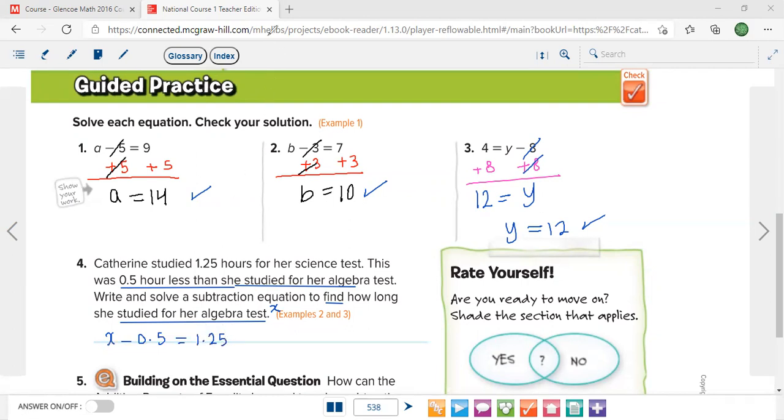Now we will use addition. So plus 0.5 for the left hand side, plus 0.5, which is 0.50 for the right hand side. Now I will take a comma to continue on the same line. Of course, addition will cancel subtraction, so x remains, and we need to add 1.25 to 0.50. This will give you 1.75 hours.